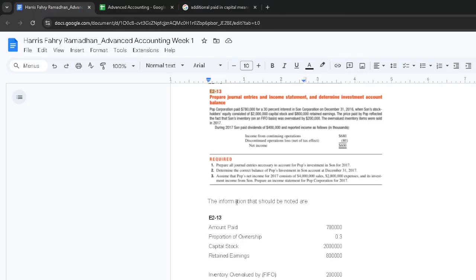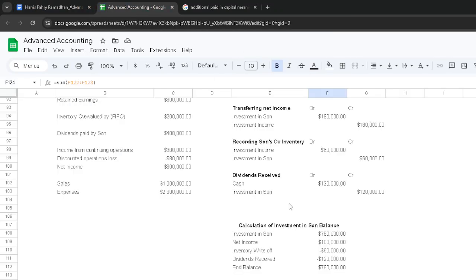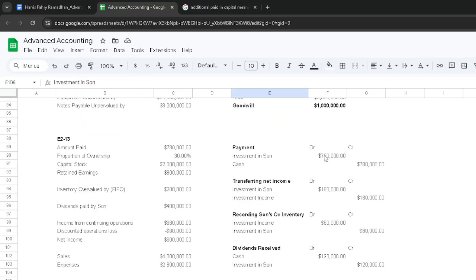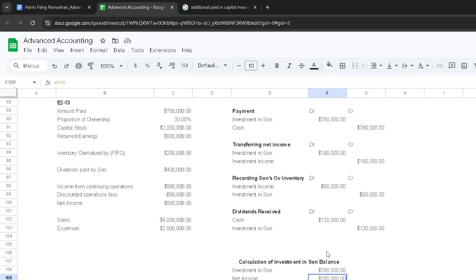Actually, one more. I forgot to solve number 2. So determine the correct balance. First, we're just going to look at our journal entry here. We're entering 780, and then we're getting net income of 180 as calculated before. And then we have to deduct it because we have an overvalued inventory, meaning that we should have less inventory than what's stated in the books. So we reduced it by this amount.